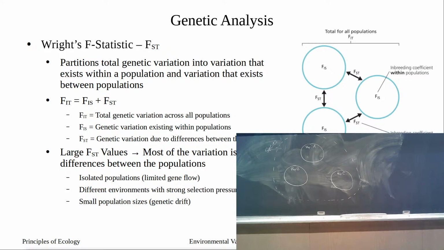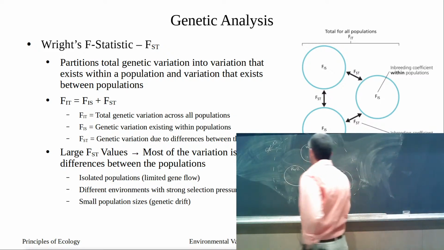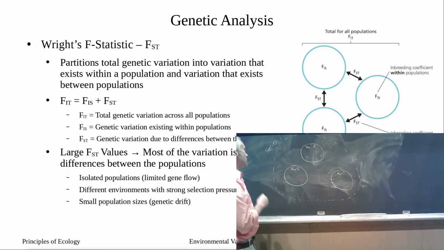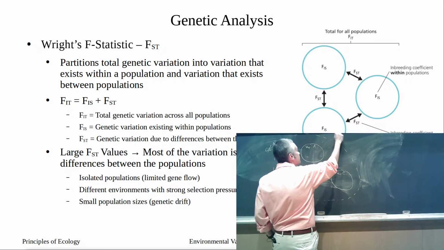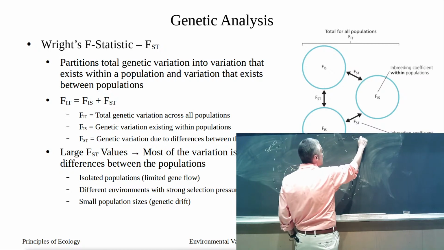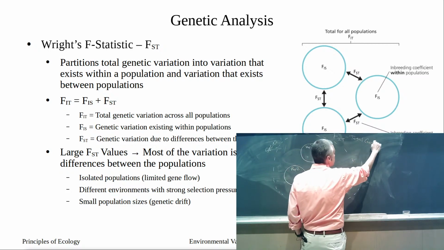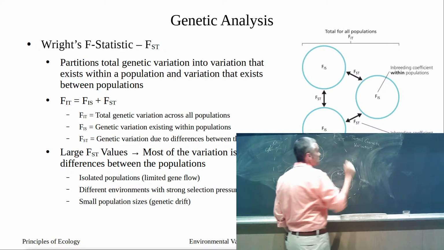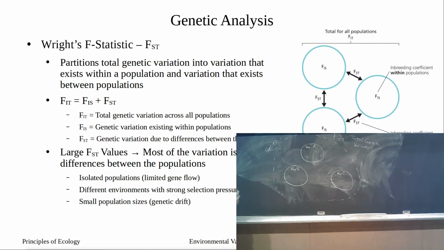All right, so in the entire population, we have an FIT. This is total genetic variation. All right, so that's like genetic variation across our species.